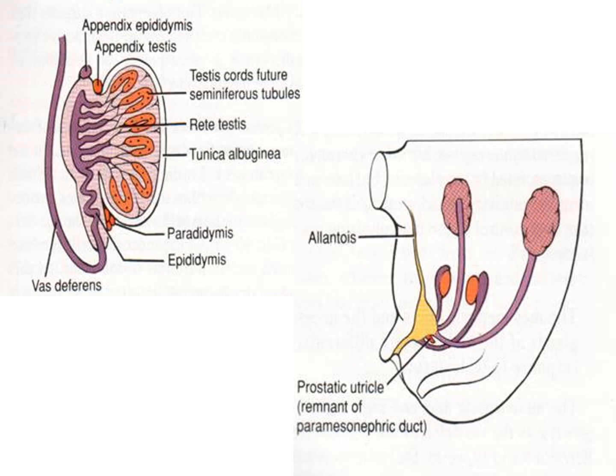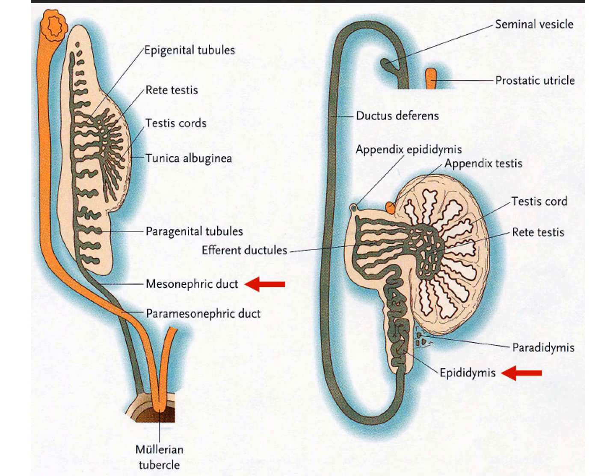Okay, so in males the one which disappears is the Mullerian duct, and this is controlled by the chromosomes, and the chromosomes secrete hormones, and the hormones control the duct. Okay, so this is the testis which is already there, and the duct system is formed from the mesonephric duct.